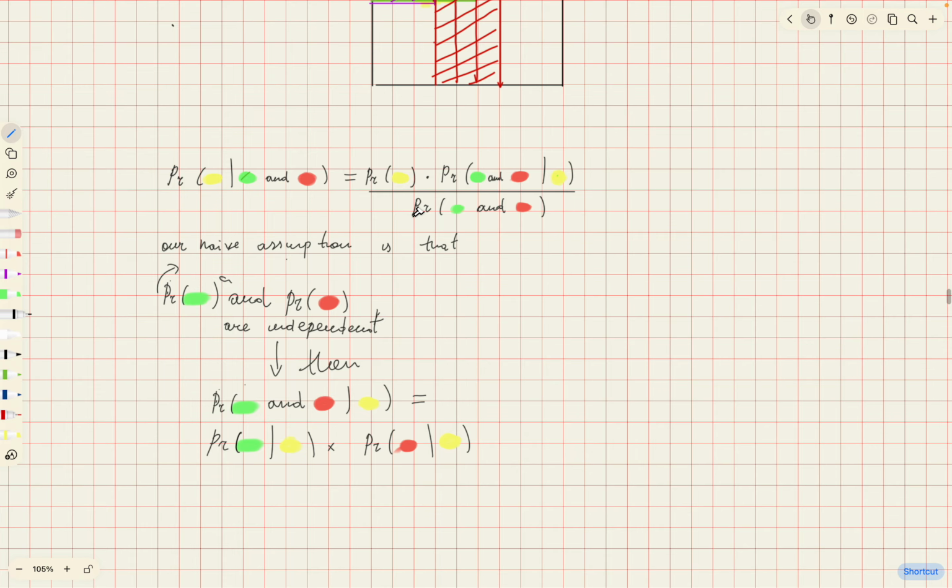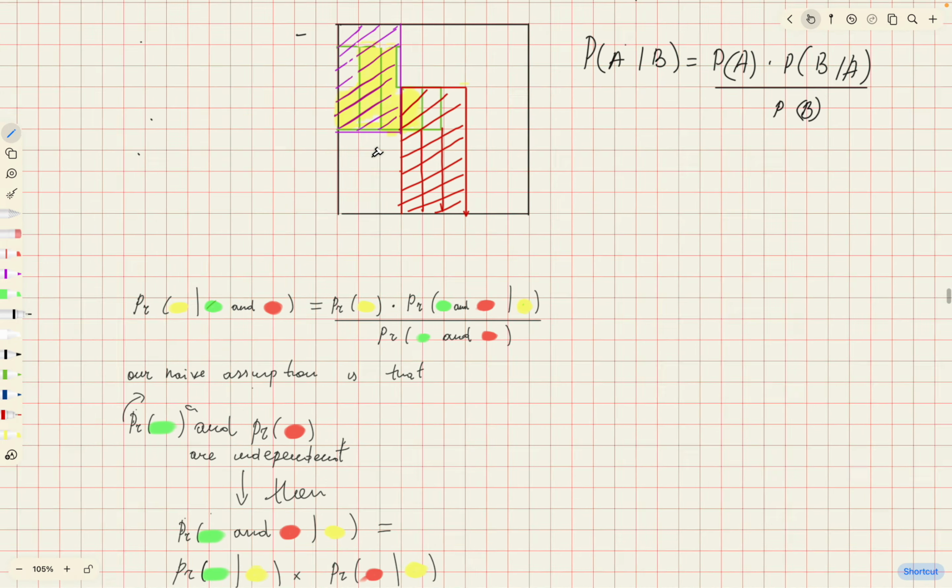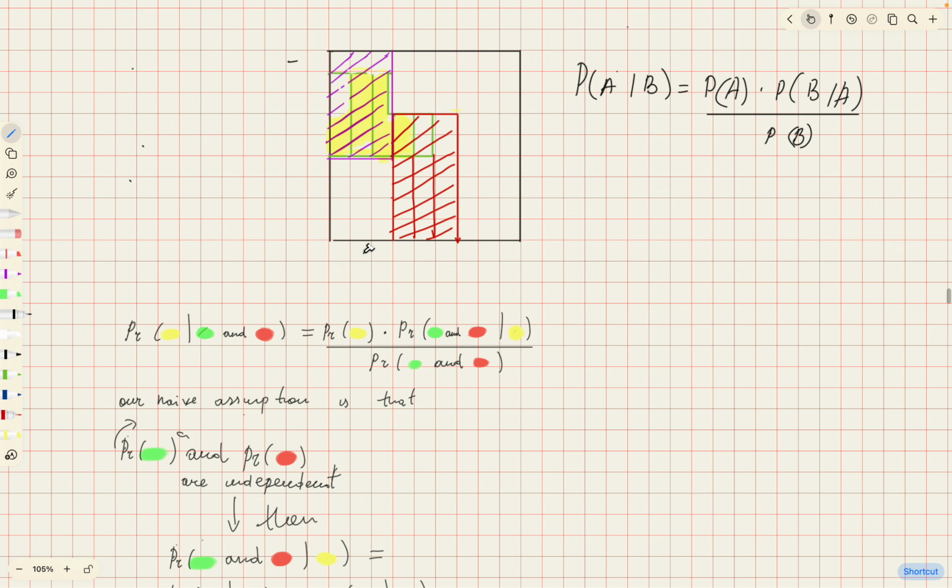What we assume here is about the probability of observing green and red, given yellow. We can calculate the probability of observing yellow by looking at how many cells we have in total, which is 81, and how many yellow cells we have in total: 1, 2, 3, 4, 5, 6, 7, 8, 9, 10, 11, 12.